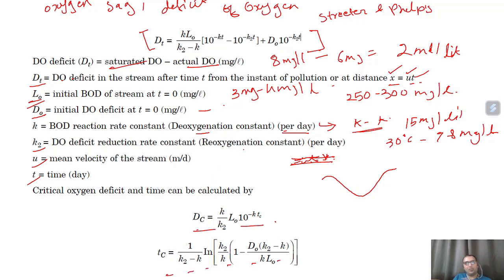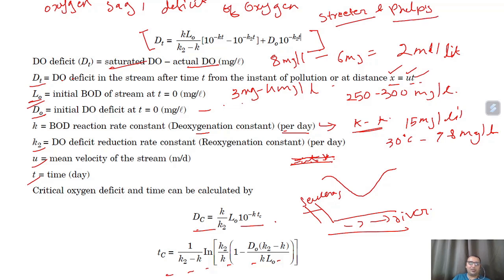So this is the model of a situation where sewerage water actually mixes with the river water. So this is a river, and this is a sewerage water. So this is about the model. Remember the name, the Streeter and Phelps equation. Now we will see how actually we can apply this.